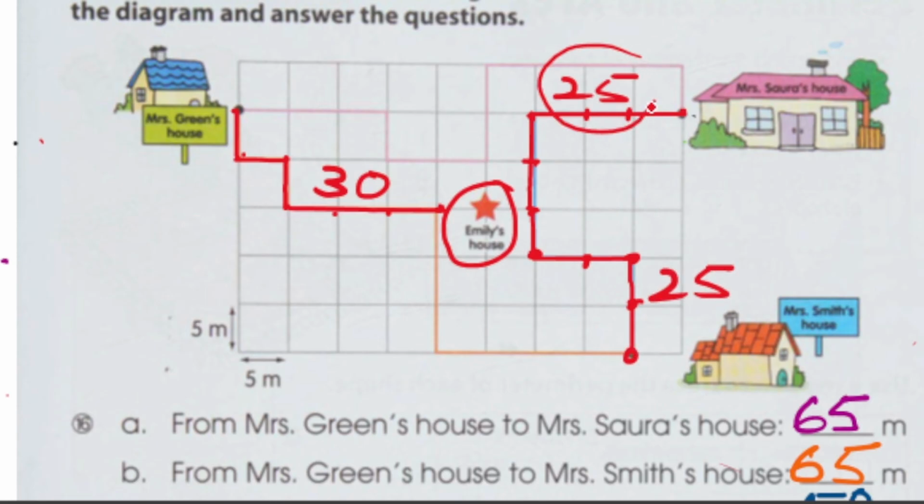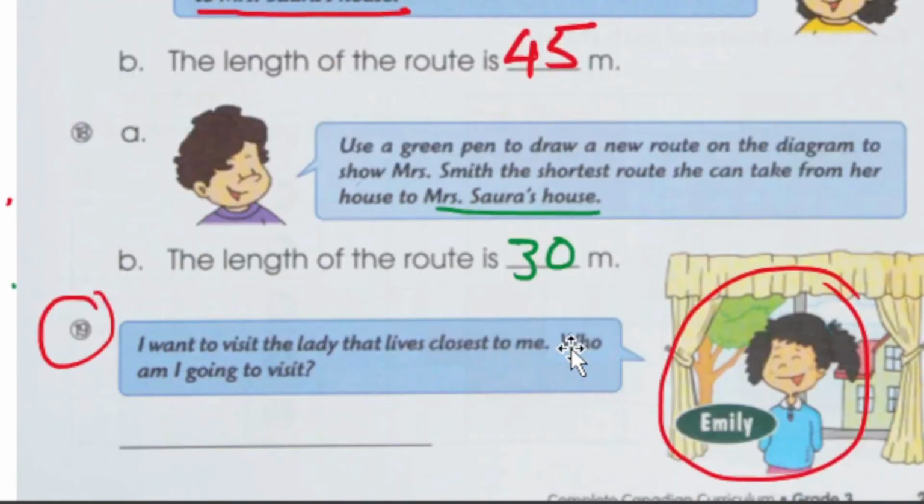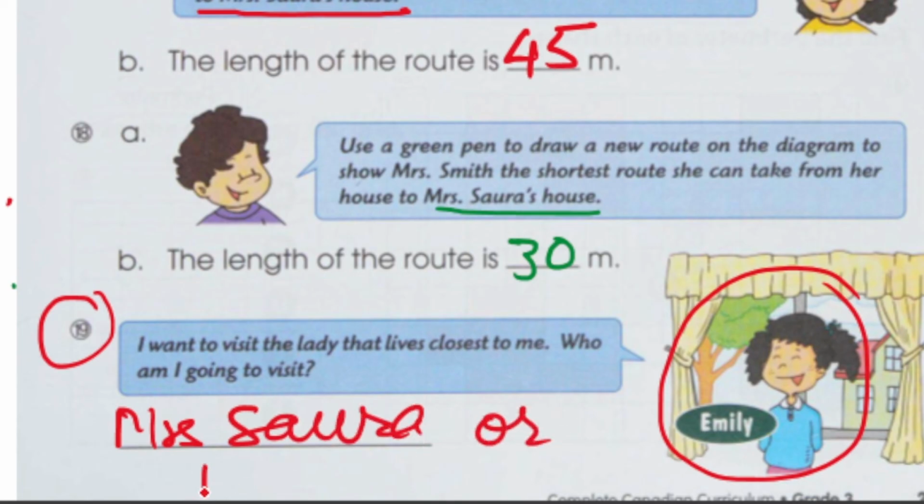So these both are the shortest distances. So she can go either to Mrs. Sora's house or Mrs. Smith's house because both their distances are 25 meters from her house. Mrs. Sora or Mrs. Smith.